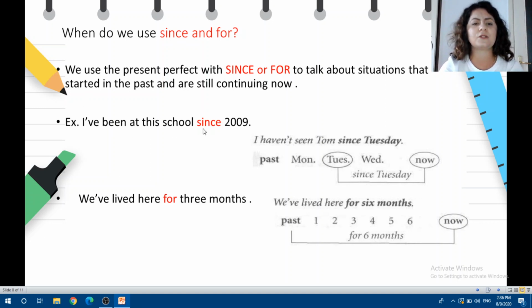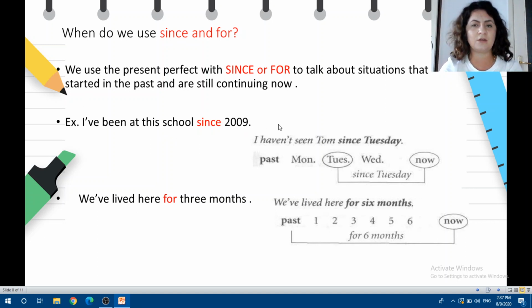I've been at this school since 2009. Here, since refers to the starting point in the past.